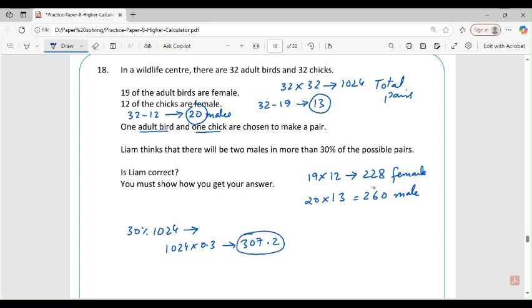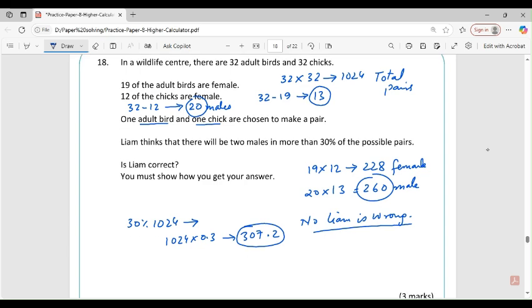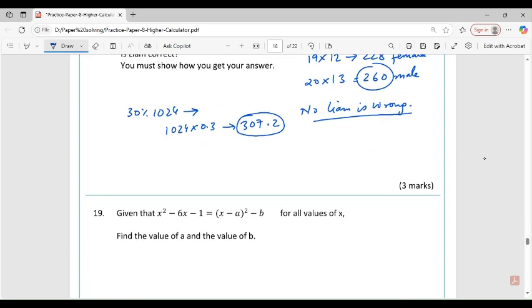In fact, it is 260. So your answer should be: no, Liam is absolutely wrong. So this was the answer for this question.